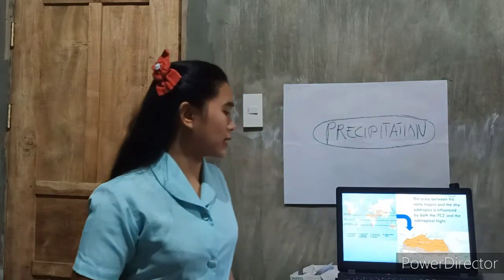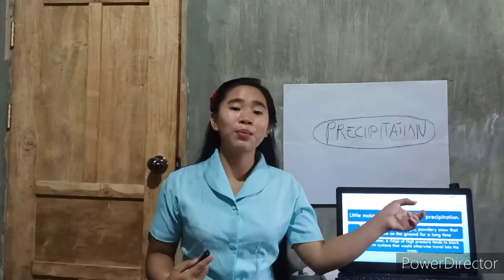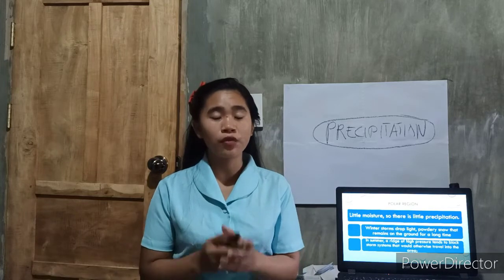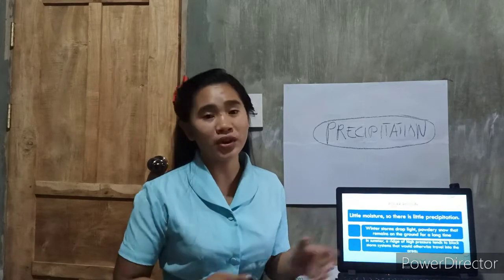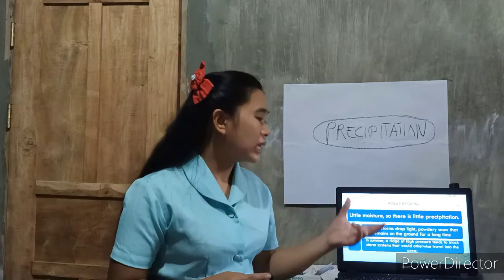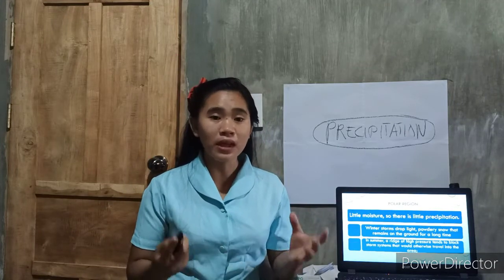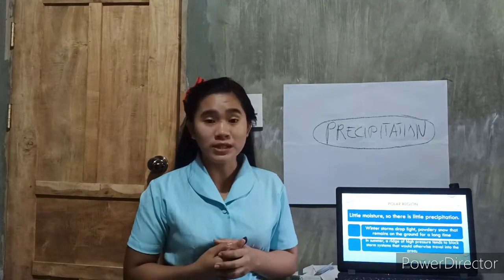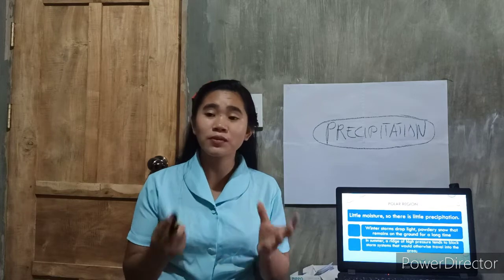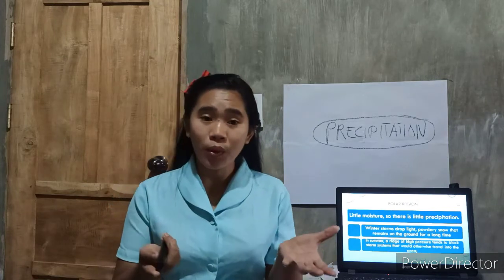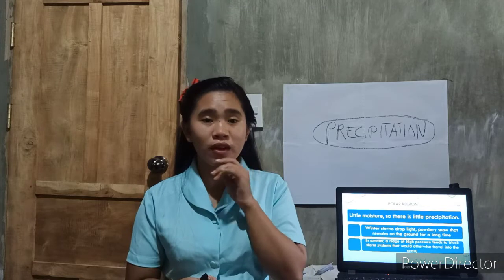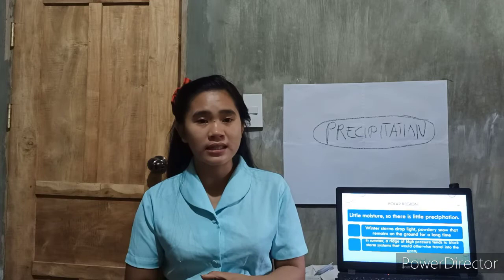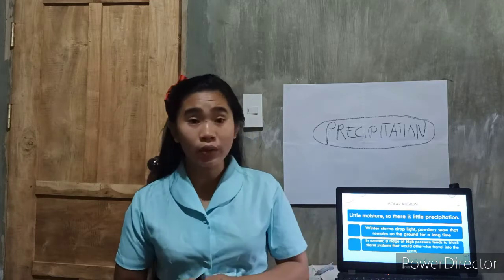Let us now look at the polar region. In the cold air of the polar region, there is little moisture, so there is little precipitation. As we all know, the pole does not receive as much sunlight compared to the tropical region.